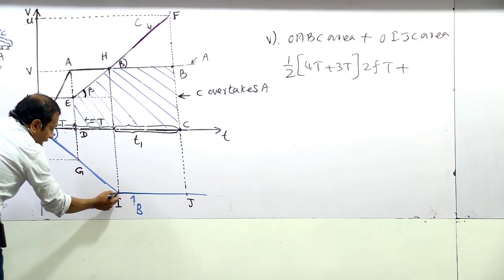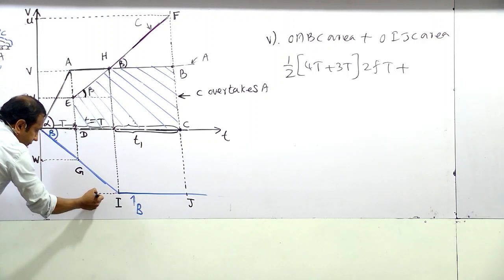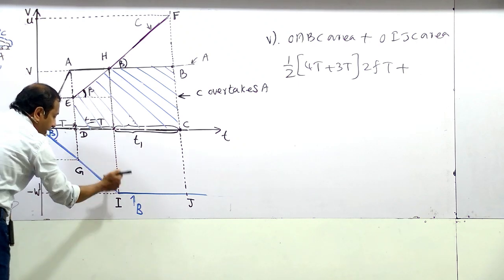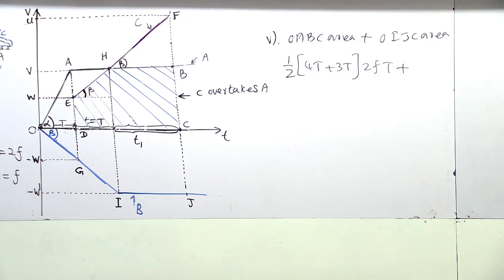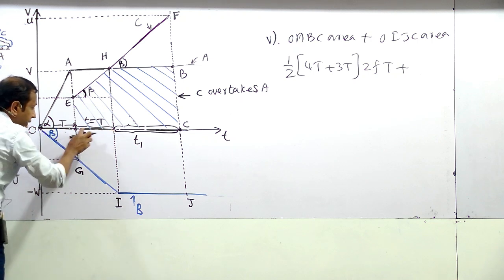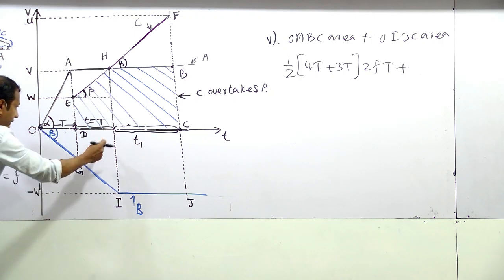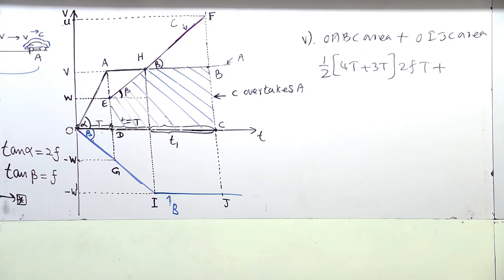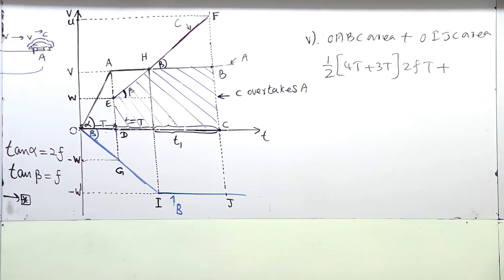People, now we need this height also. Suppose W dash. Can someone tell me, to find this area we need this height, no? How to take that? We can apply the tan beta ratio. Here to here is 2T. This tan beta is given as F. This height we need. What is that? That's going to be 2ft again. Reason?